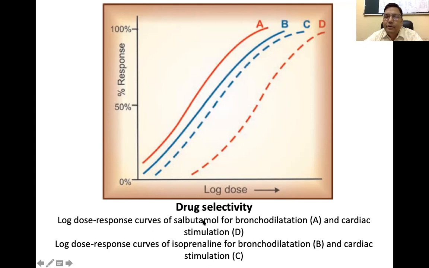That means salbutamol is more bronchoselective than cardioselective. So it is safer to use this drug in patients who have some cardiac problems.